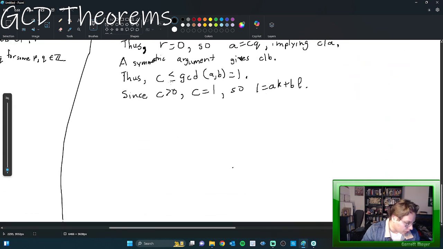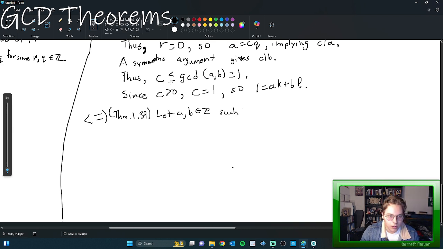Now let's prove the other direction. The other direction's a bit quicker, so I should have room here, unless I decide for whatever reason to write extremely big. So for theorem 1.39, we're going to let A, B be integers such that AX plus BY equals 1 for some X, Y that are integers.